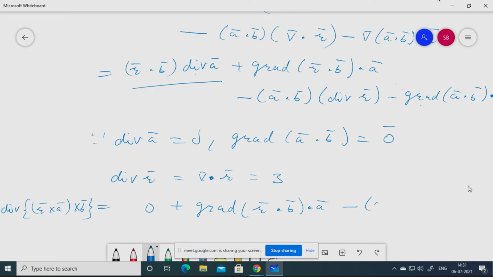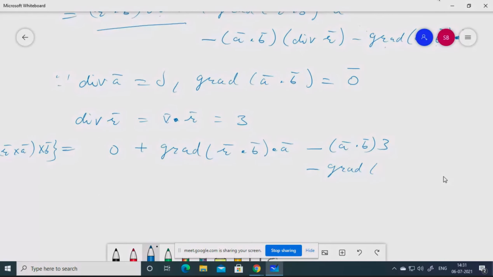Now minus A bar dot B bar as it is, divergence of R bar just now we calculated, it is 3. Then again minus gradient of A bar dot B bar, that is 0 bar, dot R bar. Since dot product you are taking between 2 vectors, this overall will be a scalar function only. So 0 I am writing. Understood now all of you?